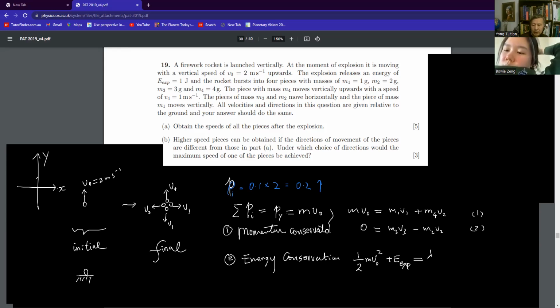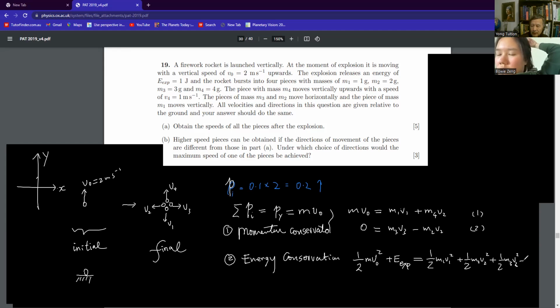So we got a lot of terms here. Half m1 v1 square, half m2 v2 square, half m3 v3 square, and finally half m4 v4 square for the four pieces. Wow, that is complicated.